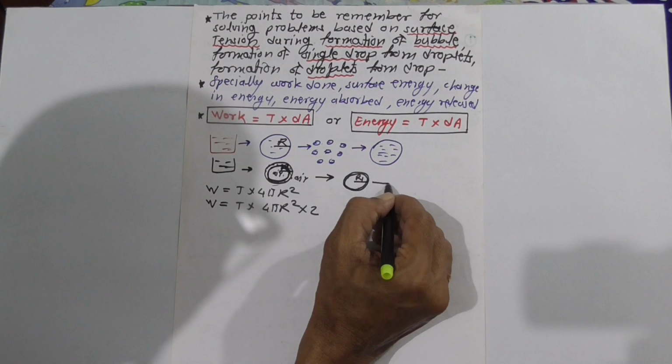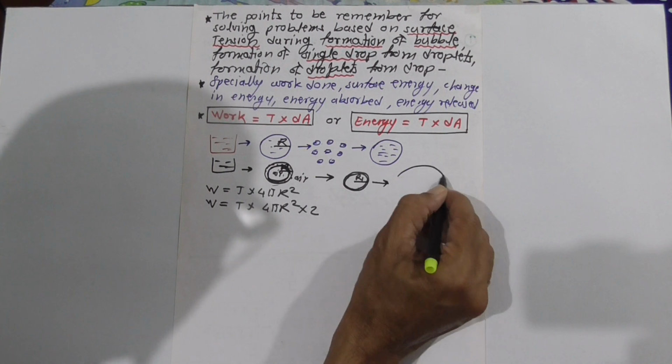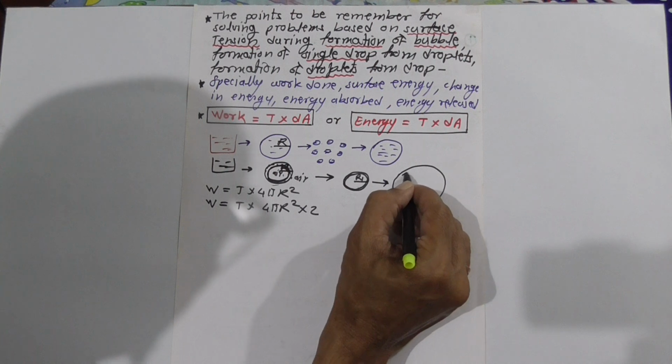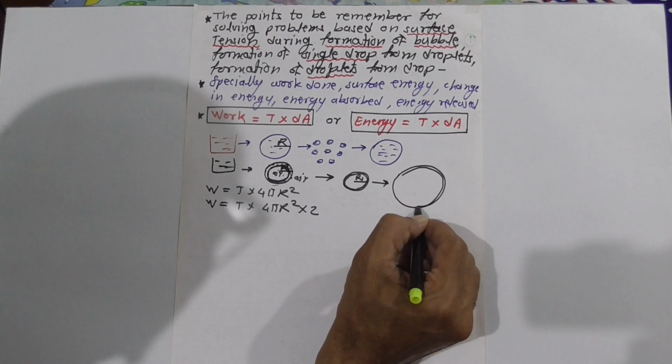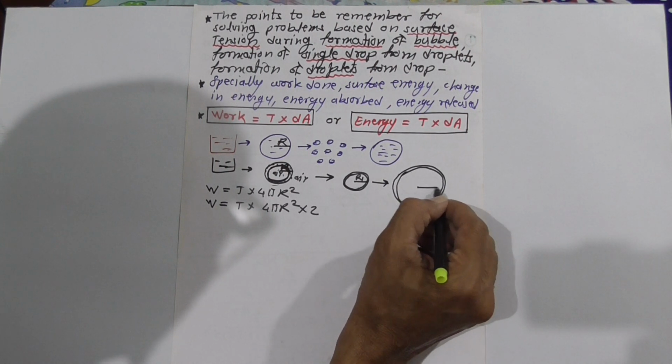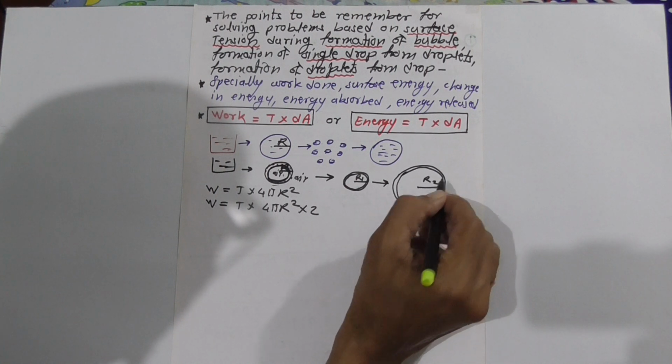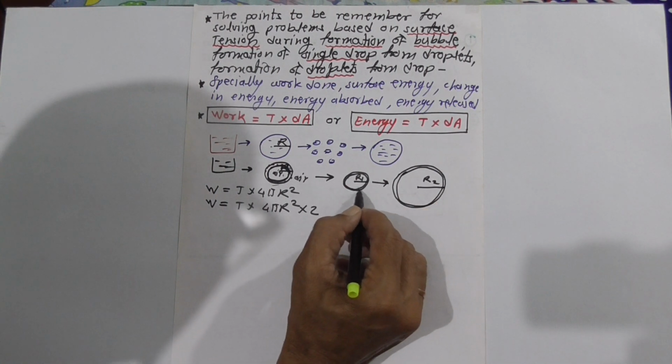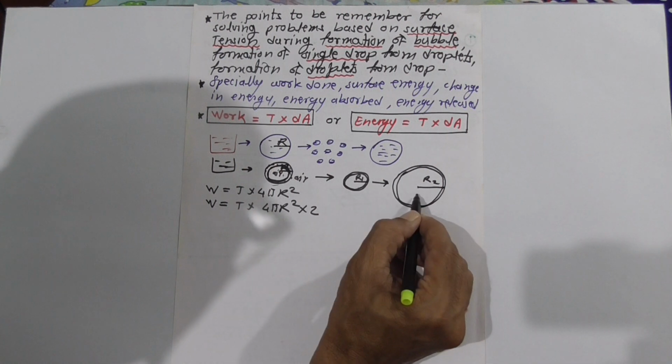It becomes big as compared to the previous one. Now its total surface area increases, its radius increases from R1 to R2. Then work is to be done, energy is required.